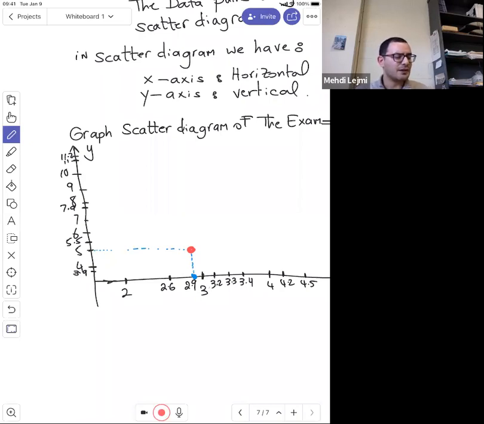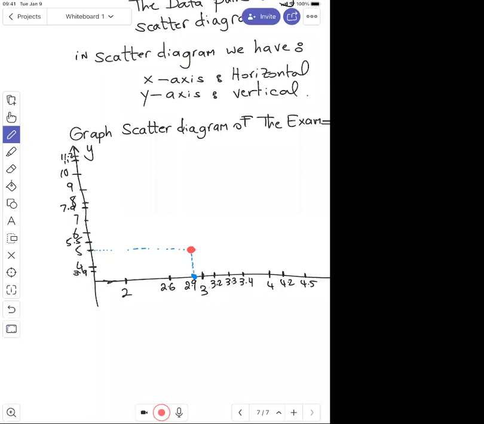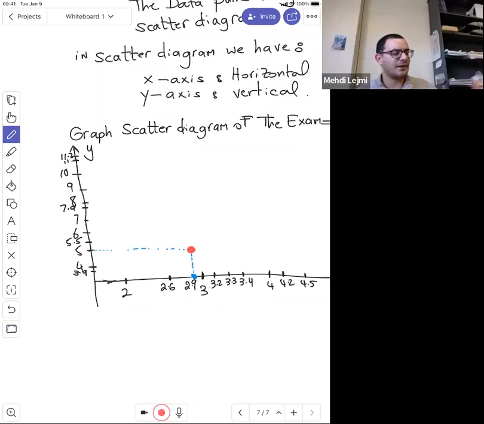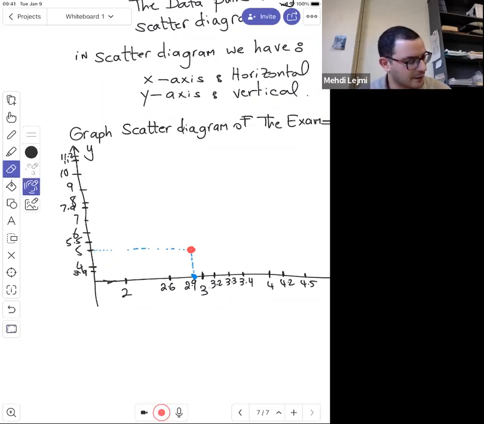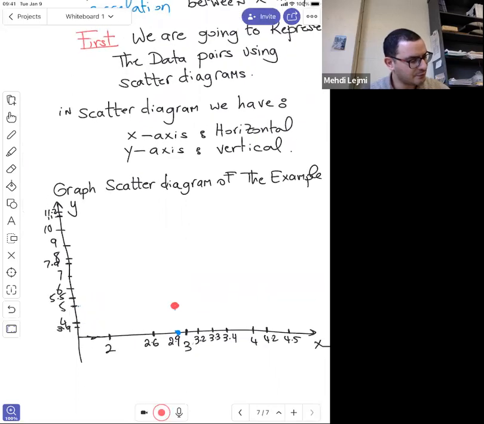So yeah, it looks the same. The lines are not supposed to be there. I'm just trying to explain how I plot the points, but I'm supposed to erase the lines here. So that would be my first point.